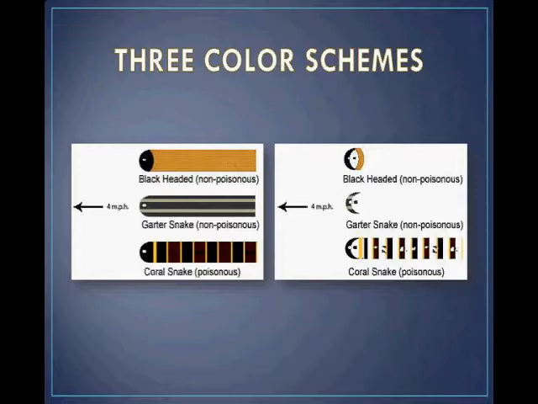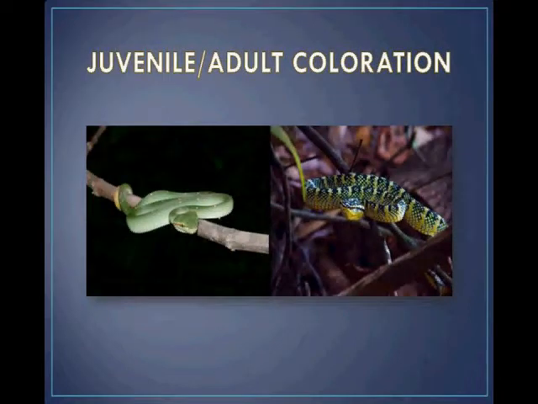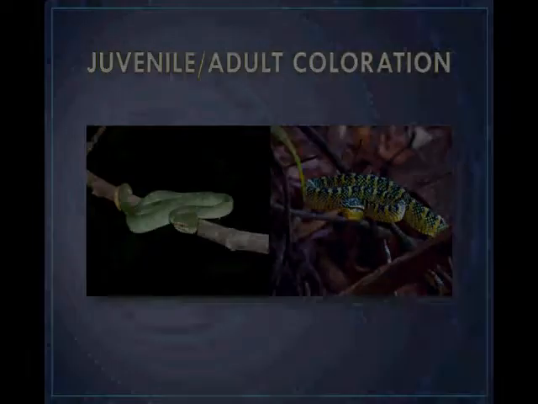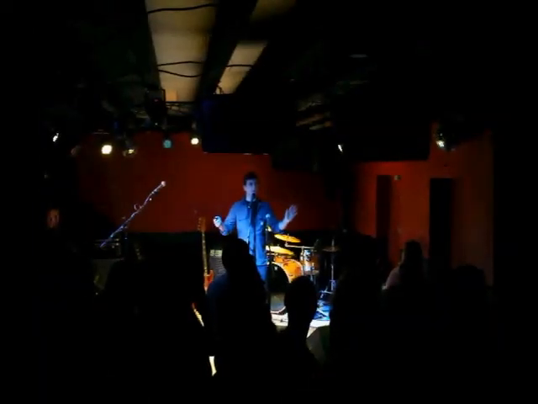The only one that's visible is the coral snake. This is why I believe that juvenile and adult snakes of the same species have different coloration. The juvenile viper on the left cannot be seen in its movement, whereas the adult is clearly advertising its position to say to potential predators, you don't want to mess with me because I'll kill you.